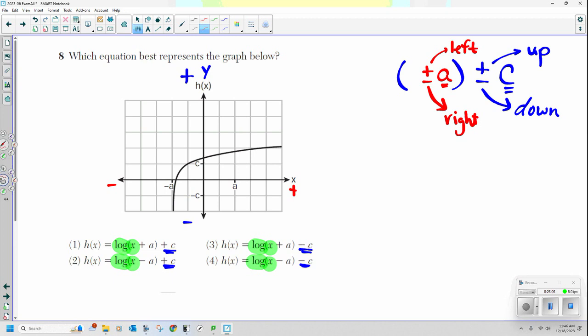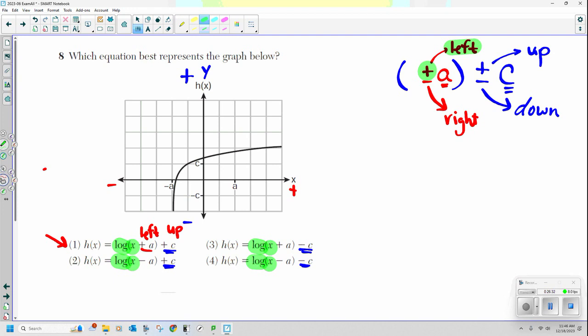So let's take a look at this first one here, example 1. Example 1 tells me, okay, I'm adding, so I'm moving to the left, because adding inside the parentheses, and I'm adding outside, which means I move up. So I'm literally doing this, the top one.